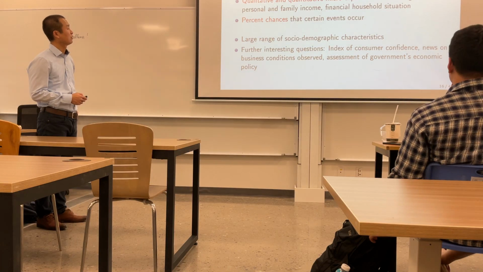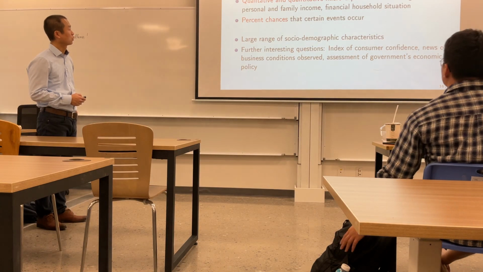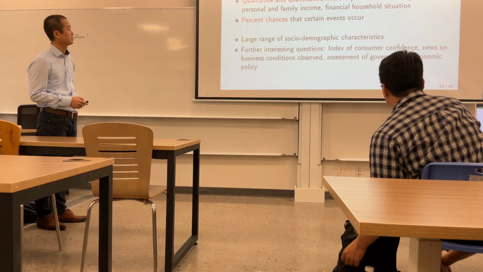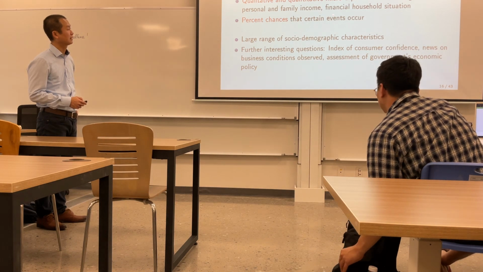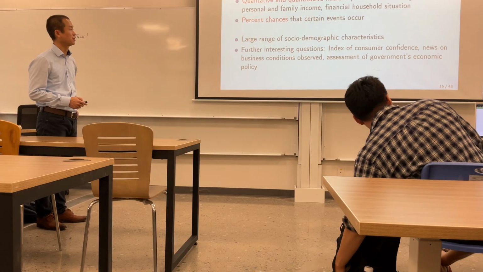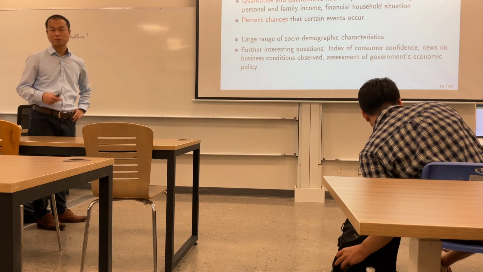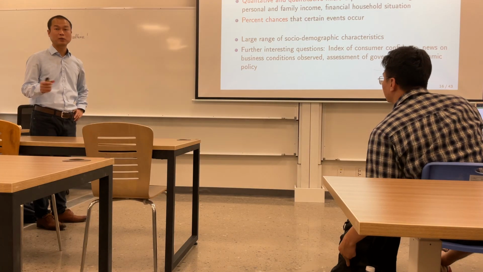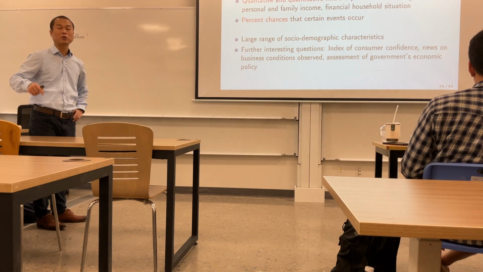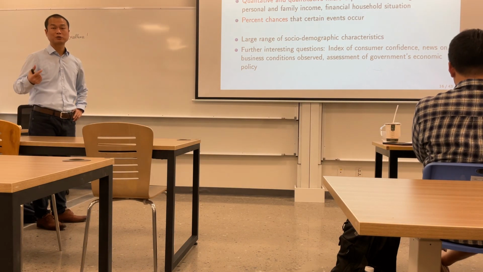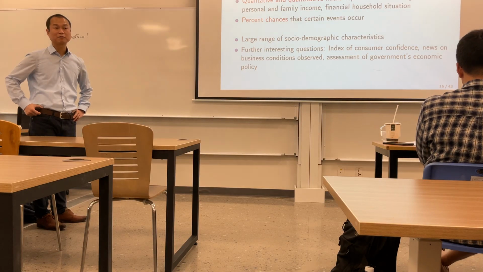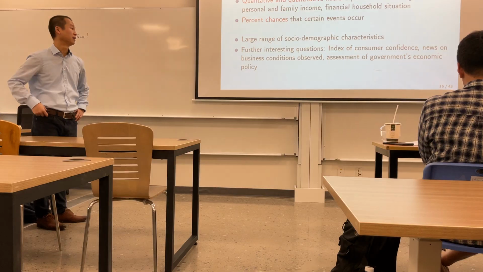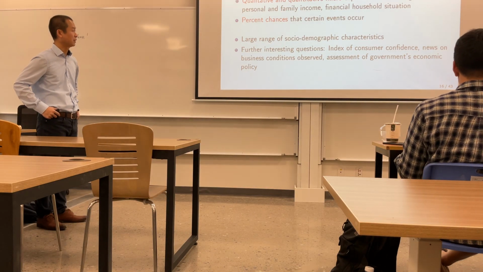Yeah, and they also ask about qualitative and quantitative micro expectations on changes in personal and family income and household financial situation. For example, whether your financial situation today is better or worse compared with the last 12 months, or what you expect about next year's financial situation, whether it will be better or worse compared with today.